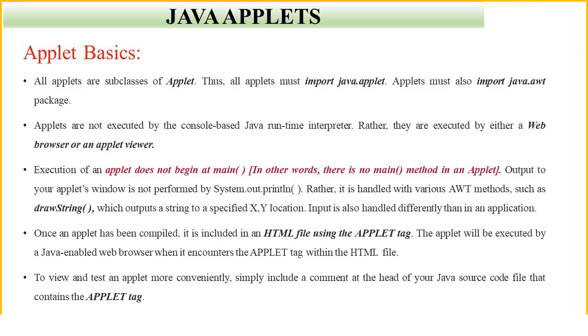Once an applet has been compiled, it is included in an HTML file using the applet tag. The applet will be executed by a Java enabled web browser when it encounters the applet tag within the HTML file. To view and test an applet more conveniently, simply include a comment at the head of your Java source code file that contains the applet tag.